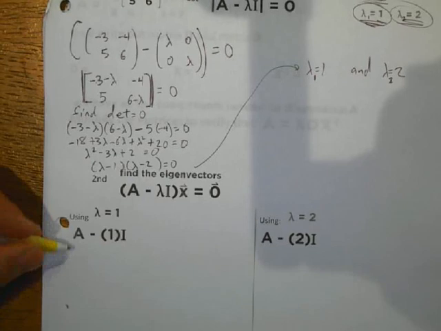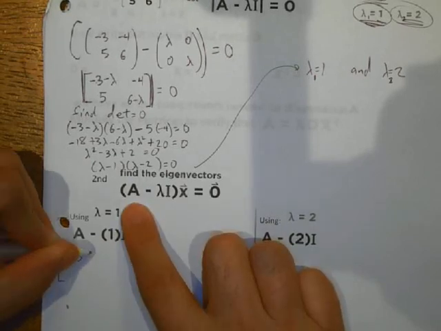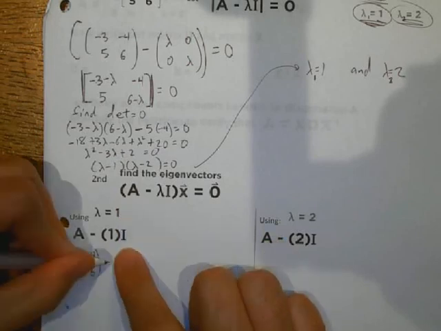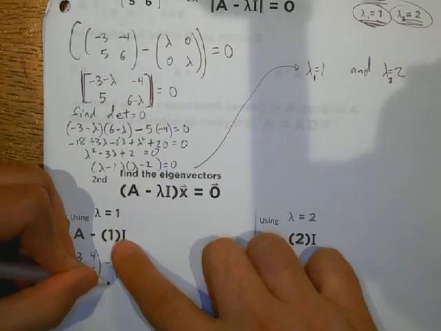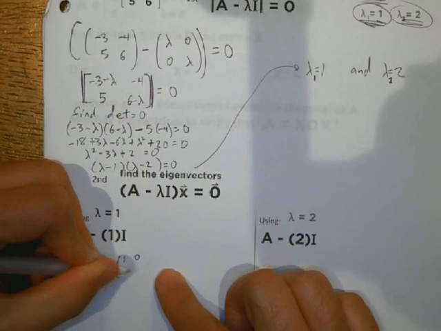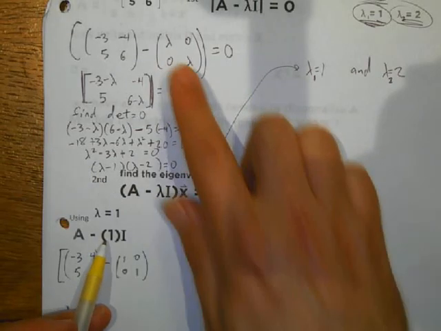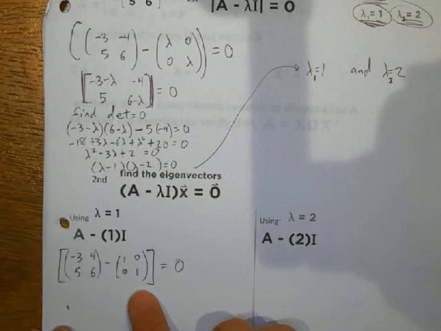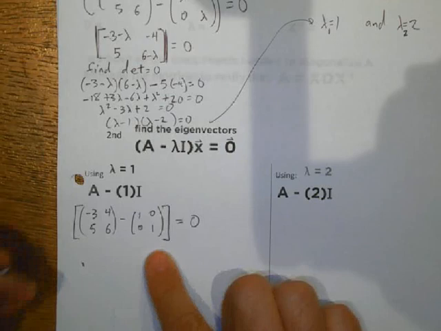So we've got matrix A, which is negative 3, 4, 5, and 6, minus, and instead of putting lambda in here, I'm going to put in a 1, so 1, 0, 0, 1, because I'm putting 1 instead of lambda. And we know that this is equal to 0, and this will give me the eigenvector for the eigenvalue of 1.